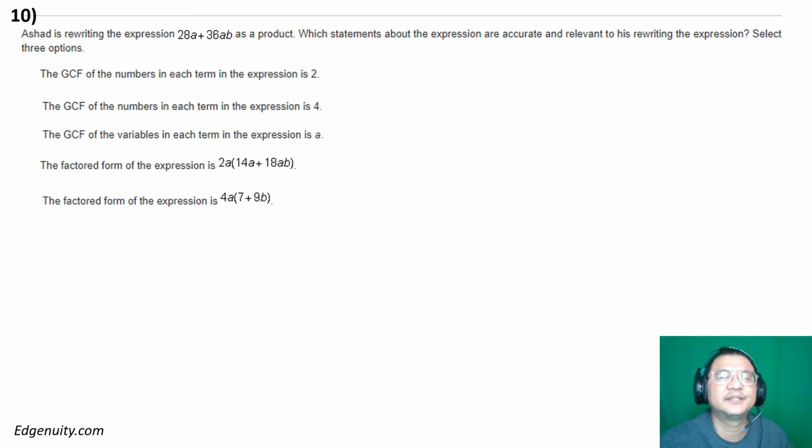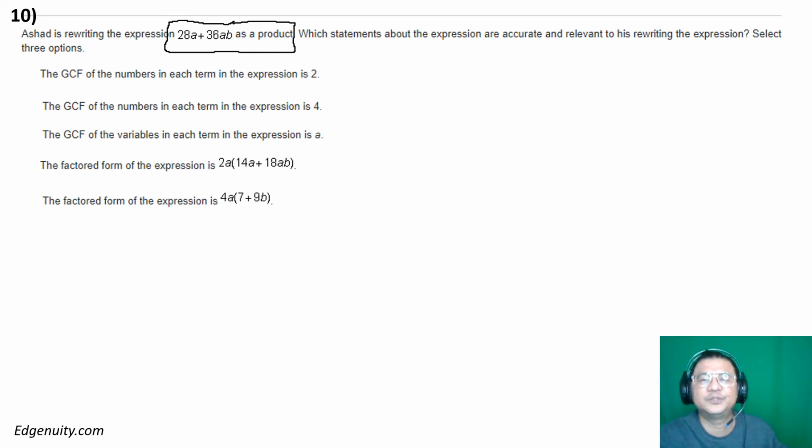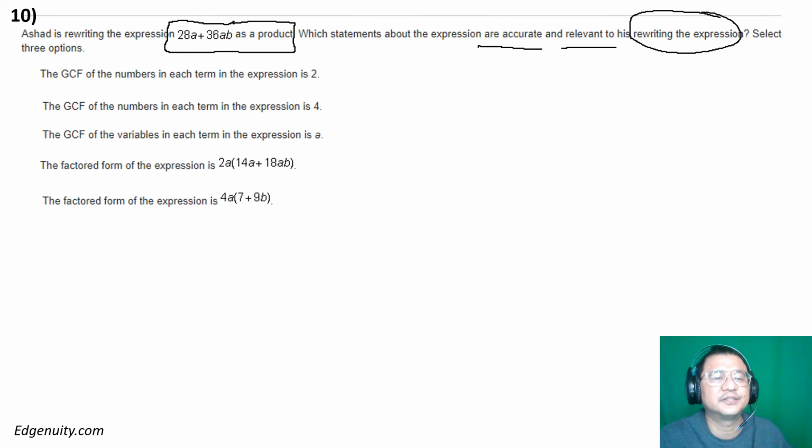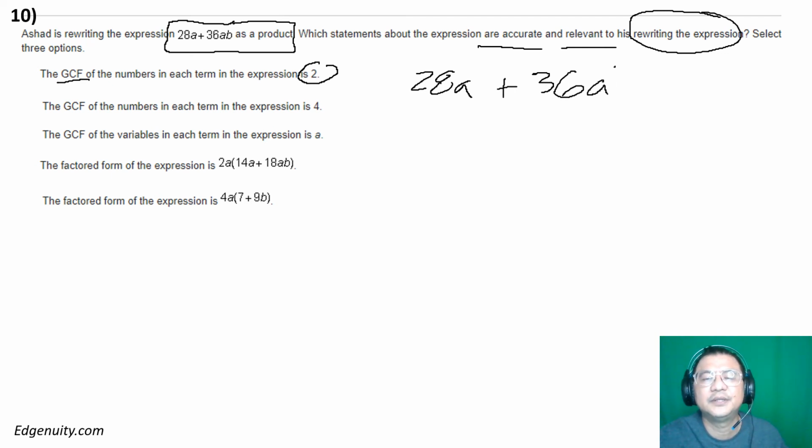Ashad is rewriting this expression, okay, as a product. Which statements about the expression are accurate and relevant if you want to rewrite the expression? Let's start. The GCF of the numbers in each term in the expression is 2, meaning 28A plus 36AB.